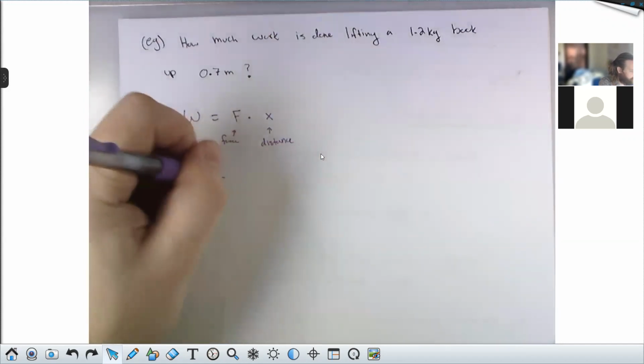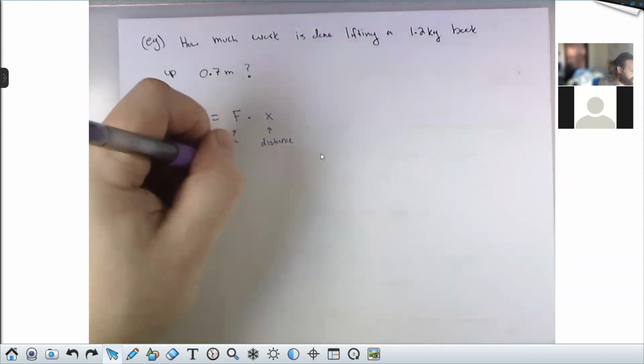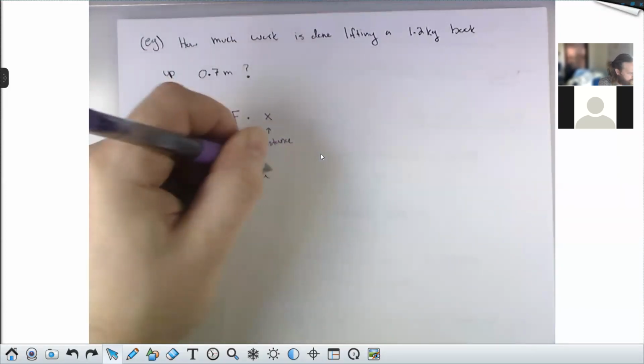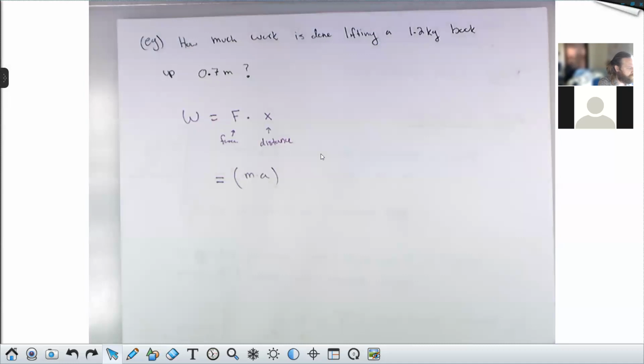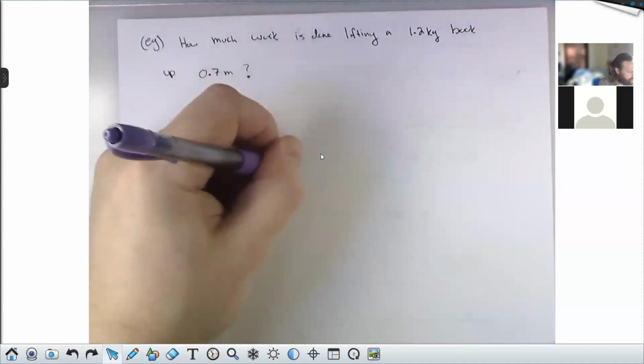The force here, F equals ma, is the mass times the acceleration, and the distance is still this x.